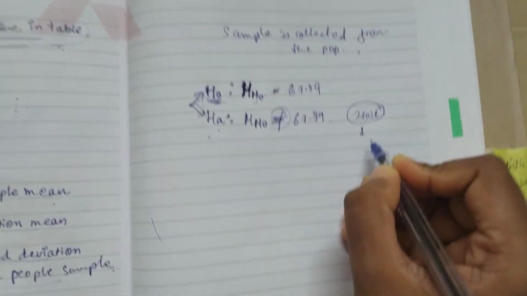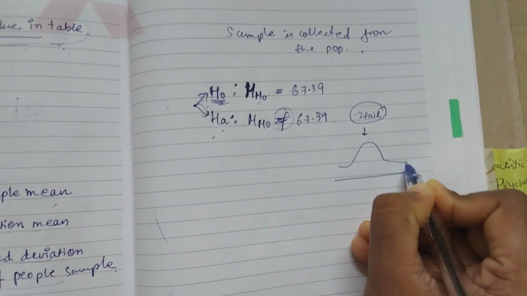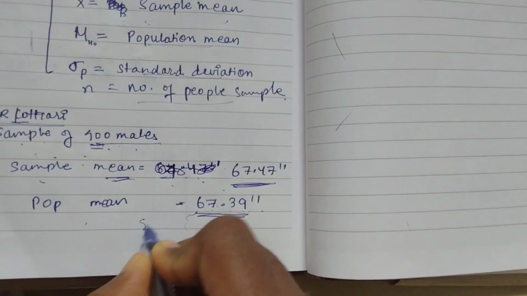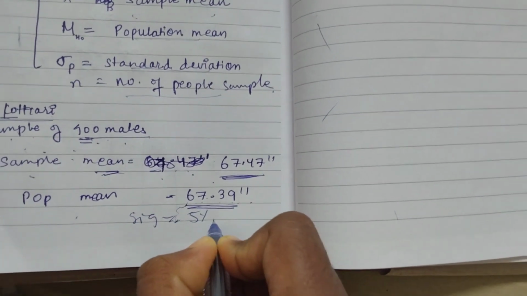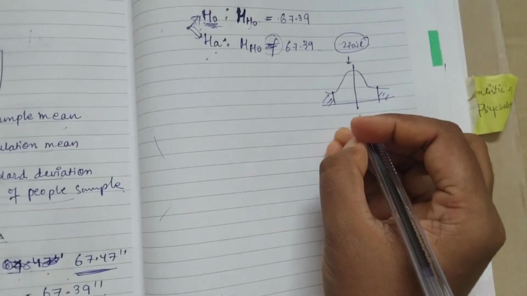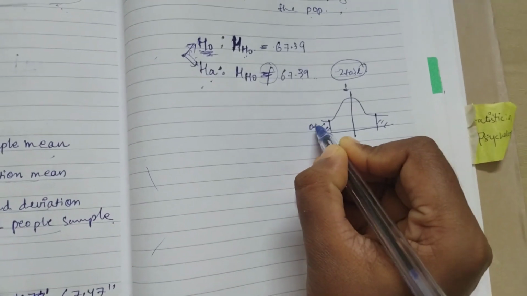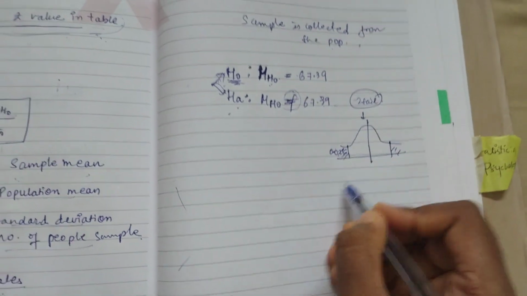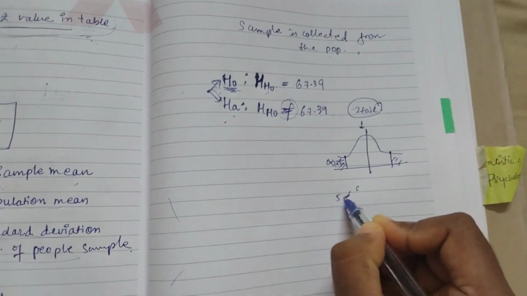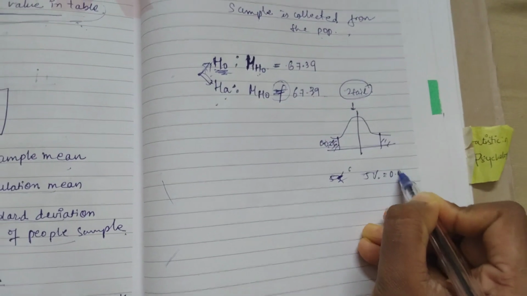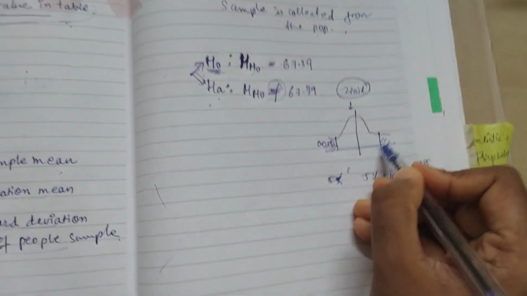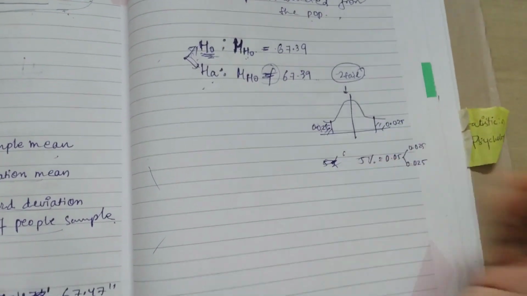So for a two-tail test we will draw this kind of diagram. Here in the question it is given that we have a significance level of 5%. 5% is 0.05, so half of it is 0.025 on each side, one here and another on this side.